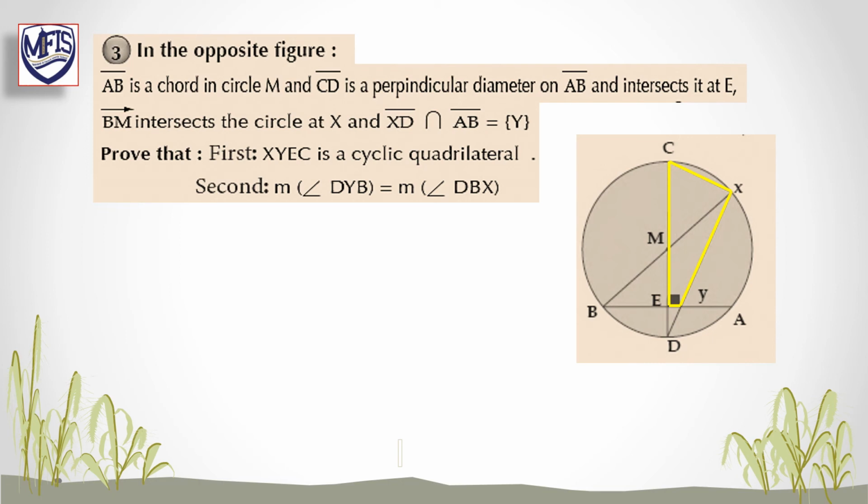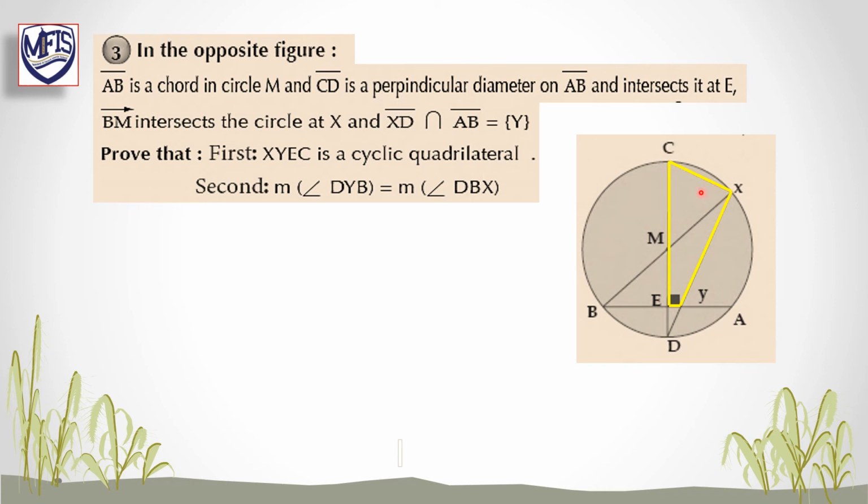I said before, I'm looking for the property. Now, what is given in this quadrilateral? As you can see here, I have measure of angle E, which is 90, this angle. If I have measure of angle X also equals 90, therefore this quadrilateral is a cyclic quad.